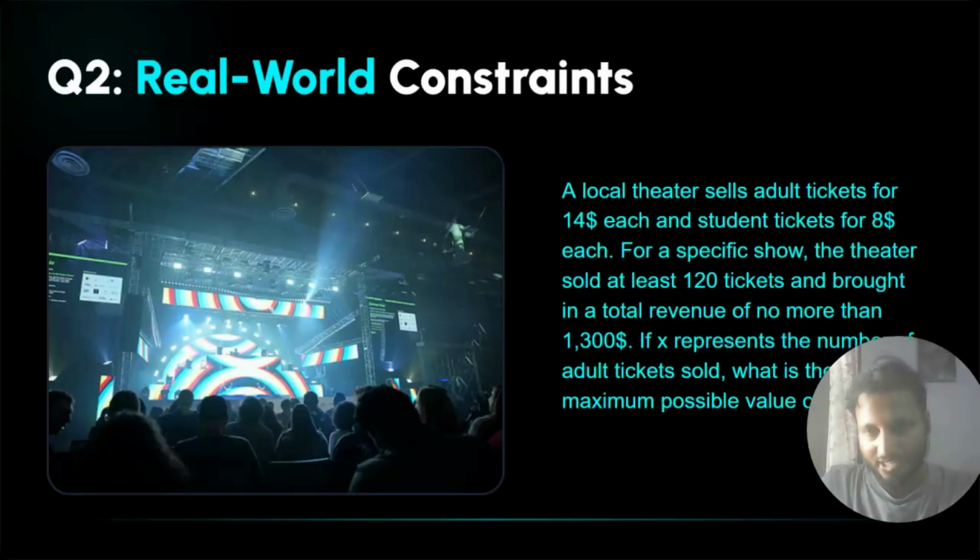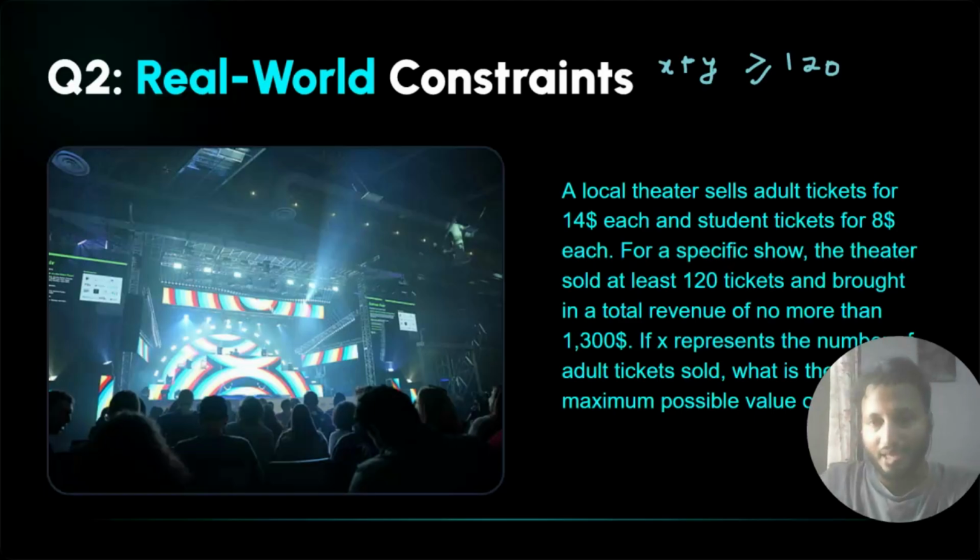So X number of adult tickets, Y number of student tickets. For some specific show, the theater sold at least 120 tickets. What does it mean? At least 120 tickets. X plus Y, at least, means it has to be greater than or equal to 120. Right? So this is the first equation.